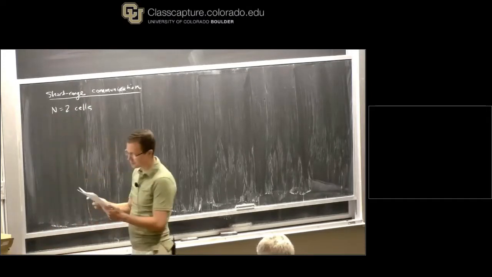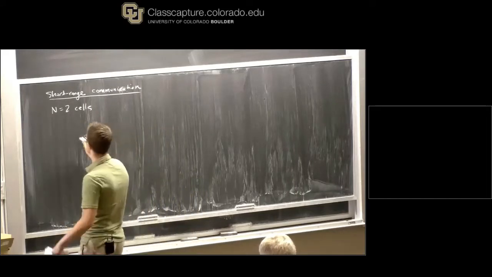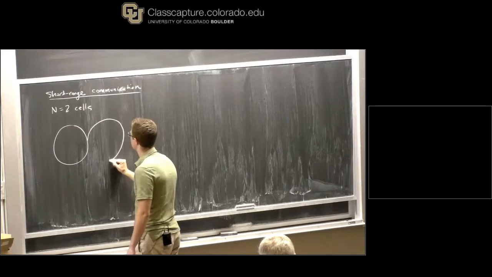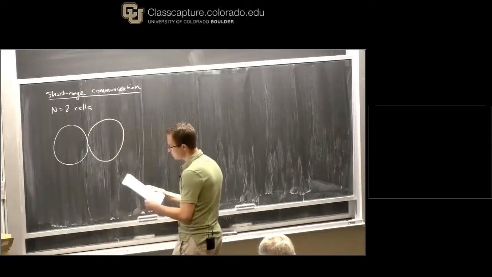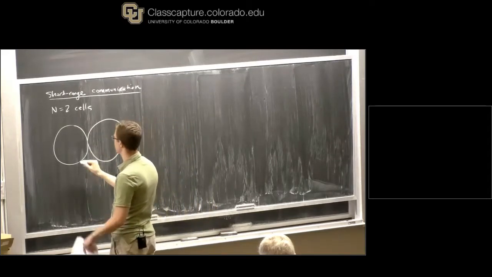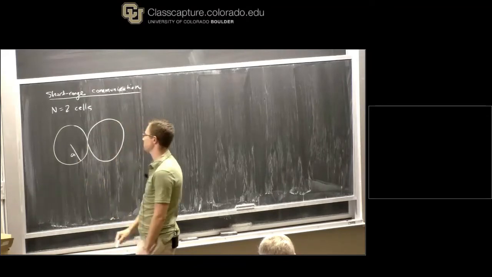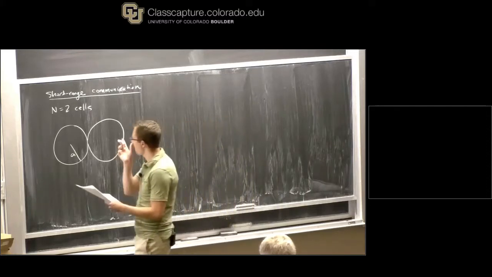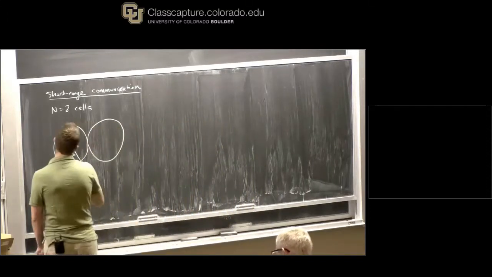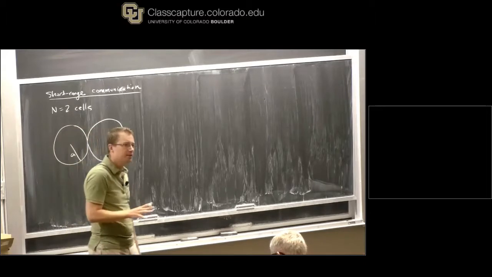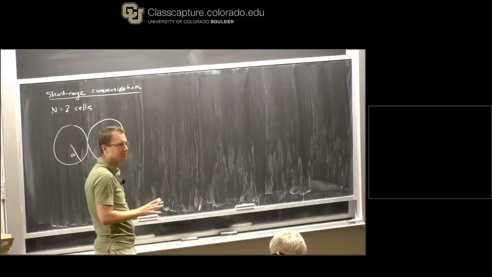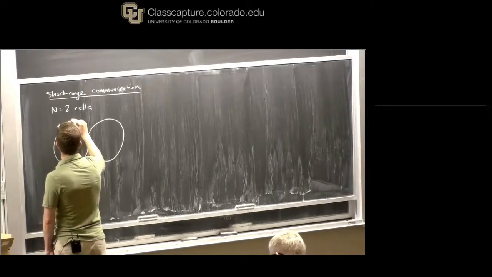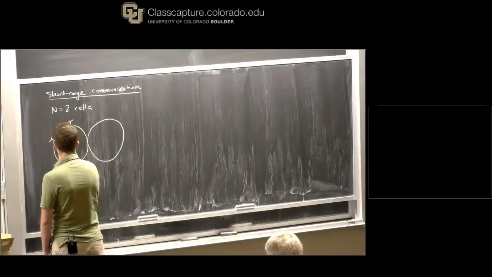And the model I'm going to set up is the following. So the cells have radius A, right? And they're touching, which means their center-to-center distance is 2A. I'm actually going to go a little bit beyond the perfect instrument and the perfect sink and endow these cells with receptors that we're going to model.